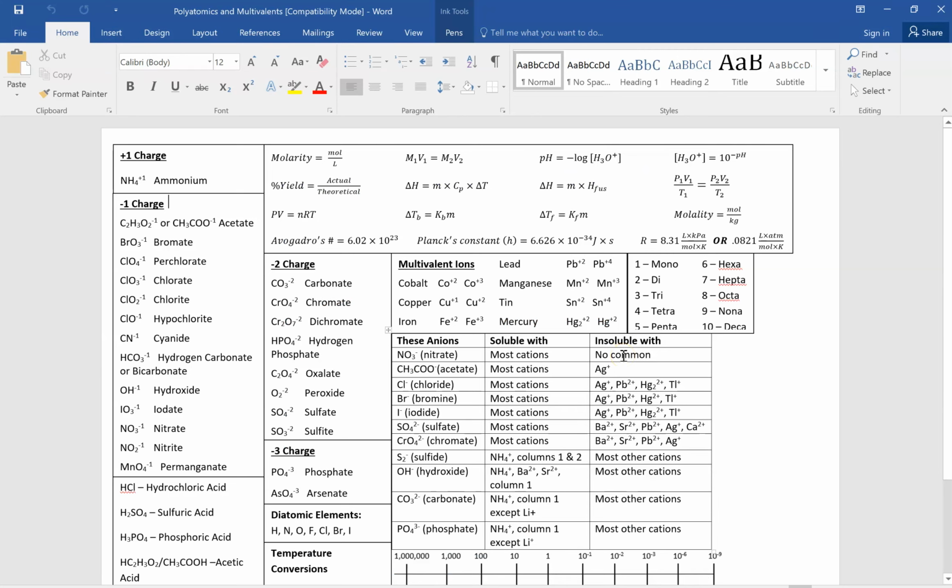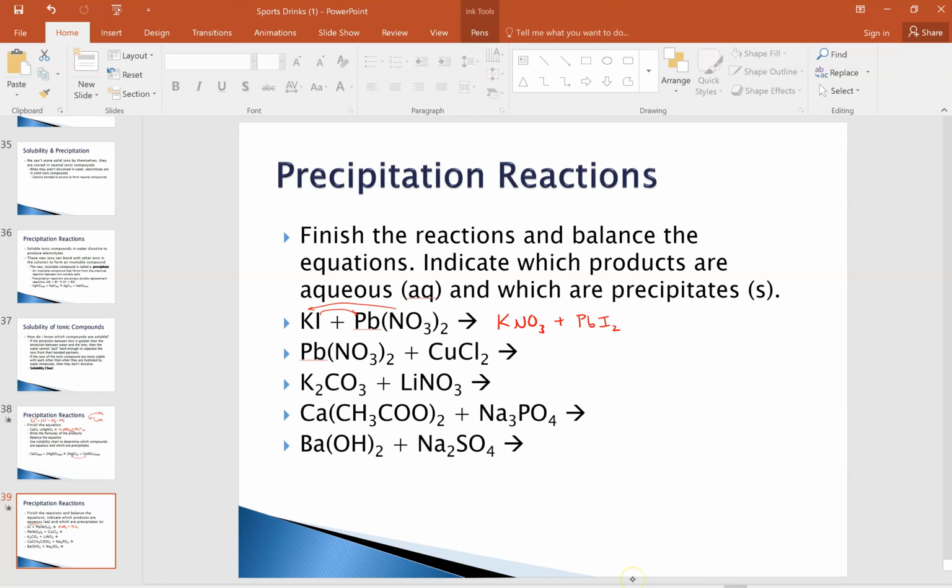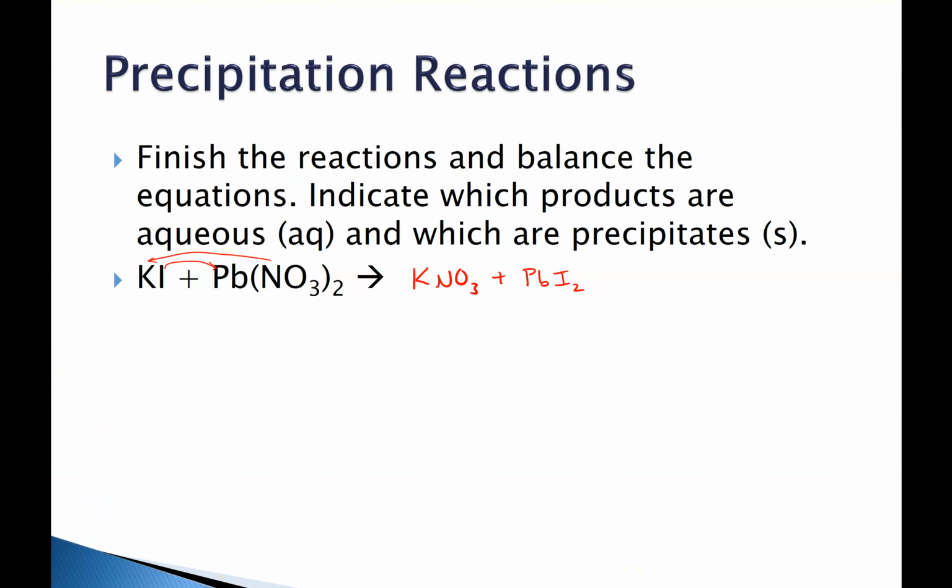Nitrate's used a lot to make sure that we have something that's still soluble here. And iodine is insoluble with lead. So we would get a precipitate here. We'd have KNO3, which is aqueous, and we'd have lead iodide, which is solid.